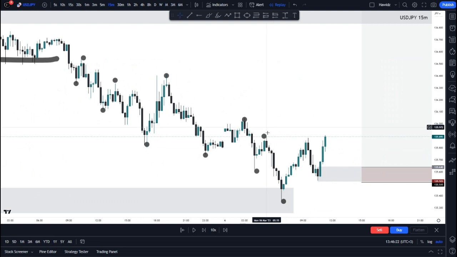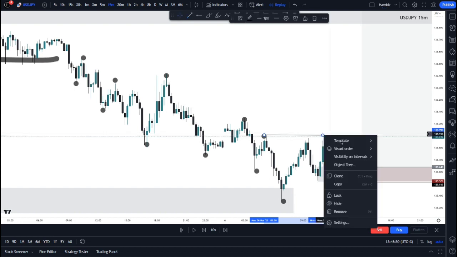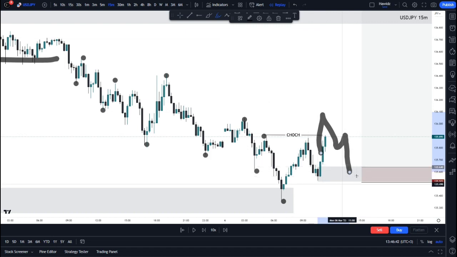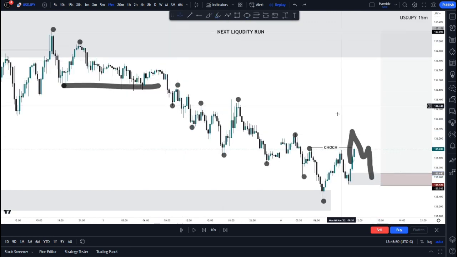So from there we had a low that came from this high, so we were just looking for this high here to be taken out and price to make a change of character. From that change of character we could see price go up, come down into this area of demand, and from there we could catch our trades and target the overall high, of course.